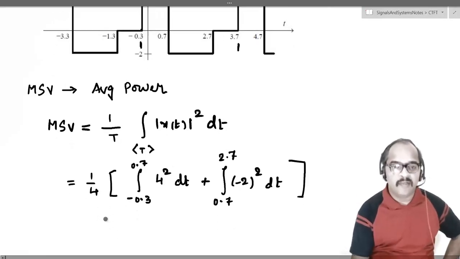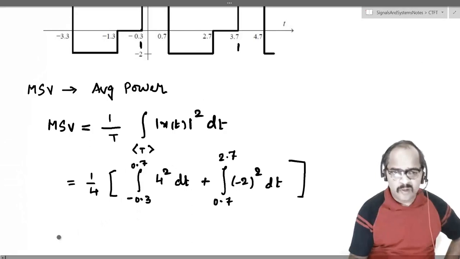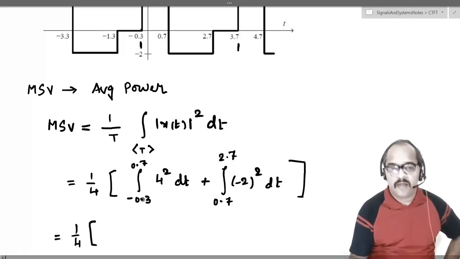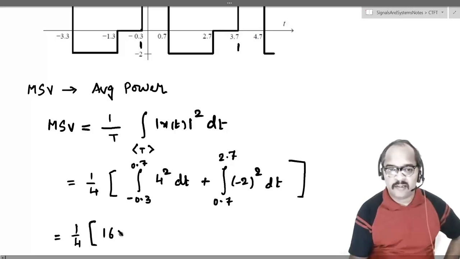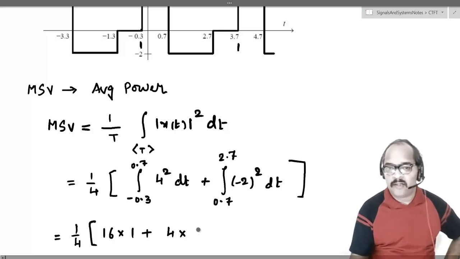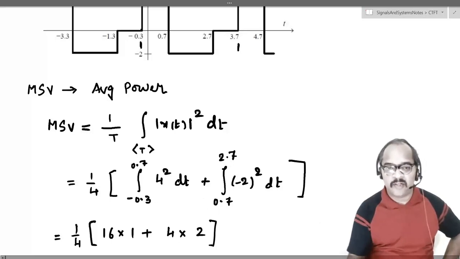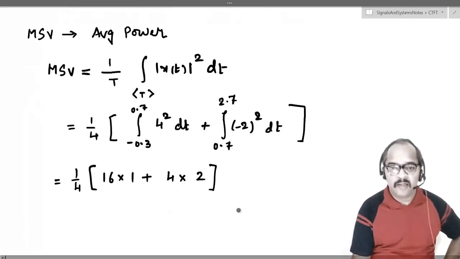So that should be equal to 1 by 4 multiplied with 16 into (0.7 minus minus 0.3), which is 1, plus minus 2 whole square, which is 4, into (2.7 minus 0.7), which is 2. The individual integrals evaluate to these values.